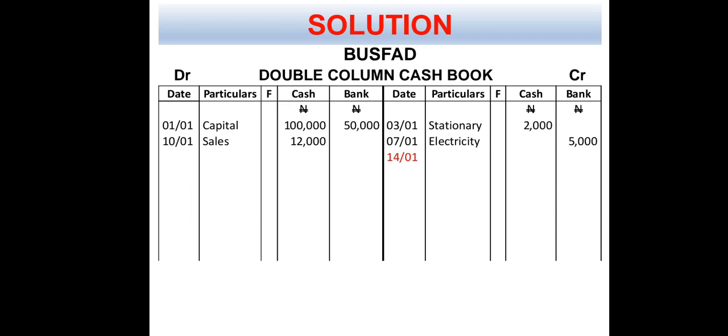So let's trade on the 14th of January, that is 1401, we have cash. How much? 5,000. You can see under the bank, we credited bank 5,000 naira. So this same entry will now go to the debit side, 14th of January, bank, because the money is coming from bank. We now debit cash 5,000 naira, which means 14th of January, we have entry in the cash book under cash.